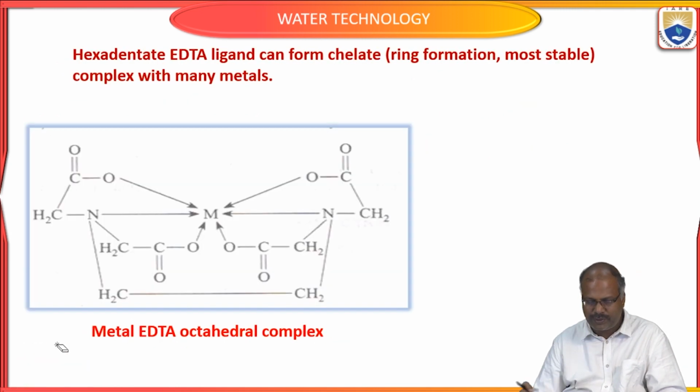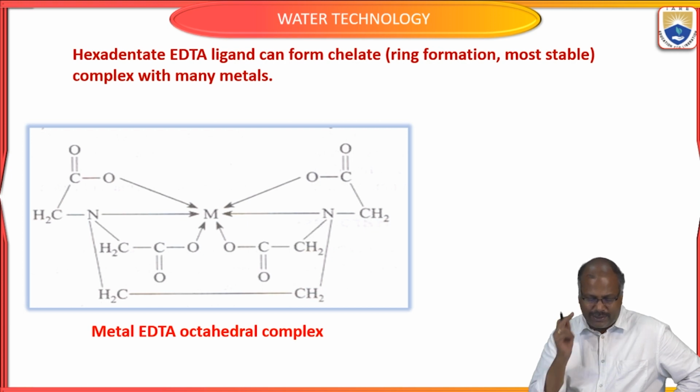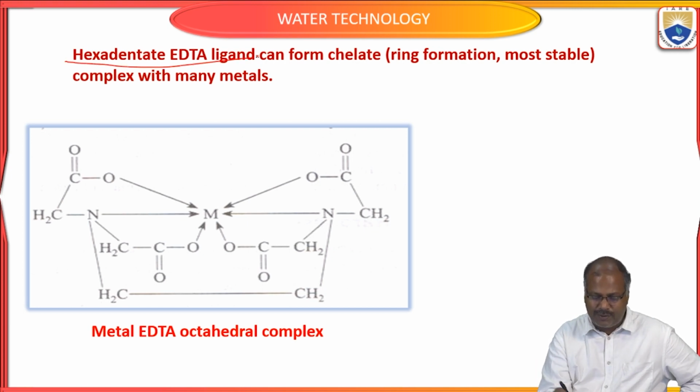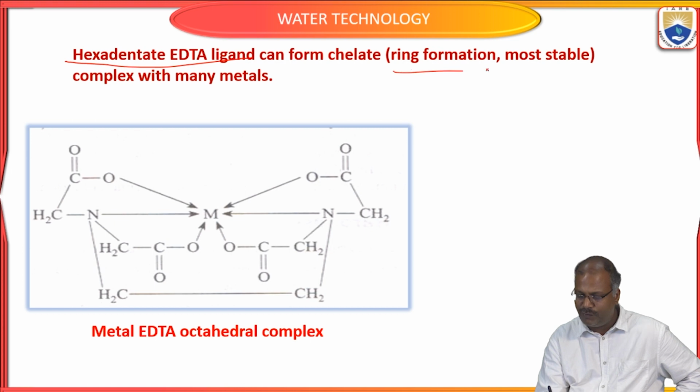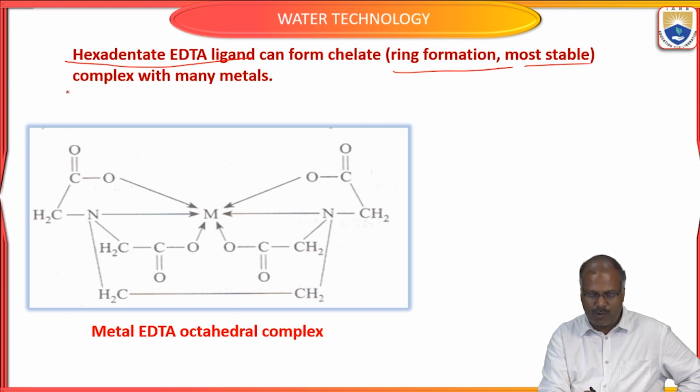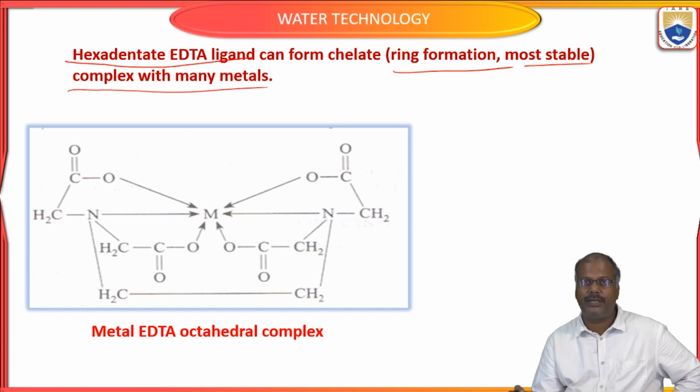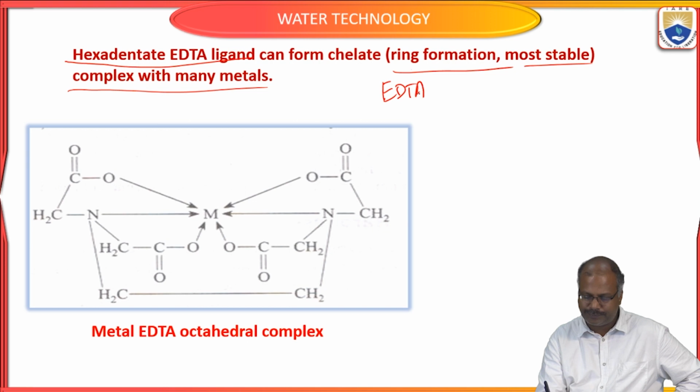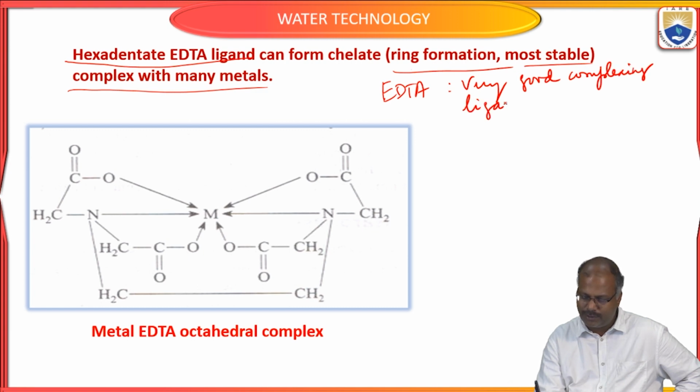For example, the hexadentate EDTA ligand we have seen can form chelate, ring formation, most stable complex with many metals, not only calcium and magnesium. Since it is water technology, we are interested in calcium and magnesium ions. EDTA is a very good complexing ligand or agent.